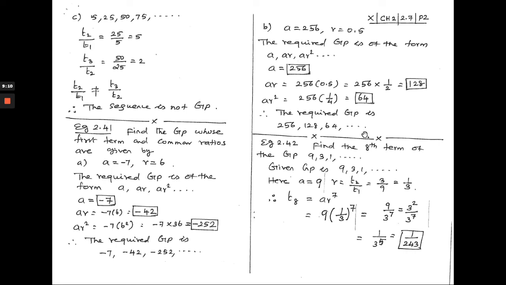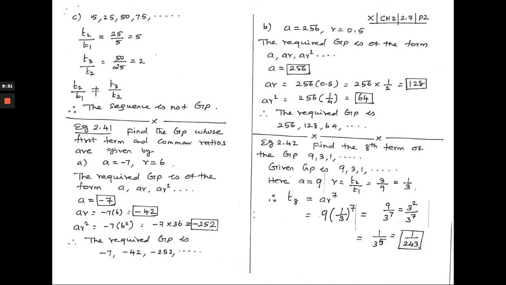Next, example 2.42. Find the eighth term of the GP 9, 3, 1, etc. Here a sequence is given, 9, 3, 1, etc. In this sequence we have to find the eighth term. How to find the eighth term?